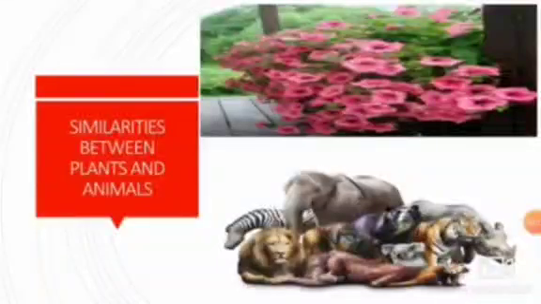Although these plants and animals are living things, they are different from one another in some aspects. Before that, remember that human beings also come under animals only. Now, let us see what the similarities between these plants and animals are.